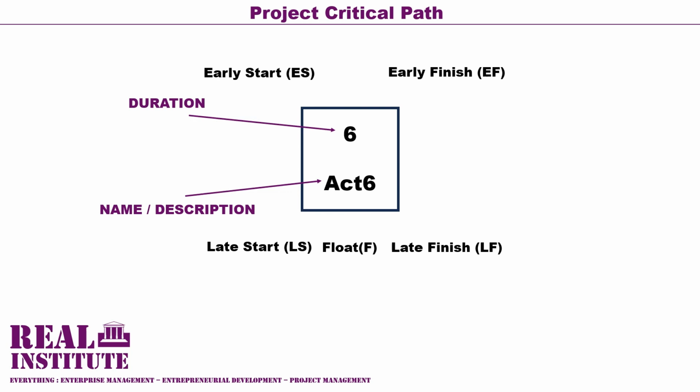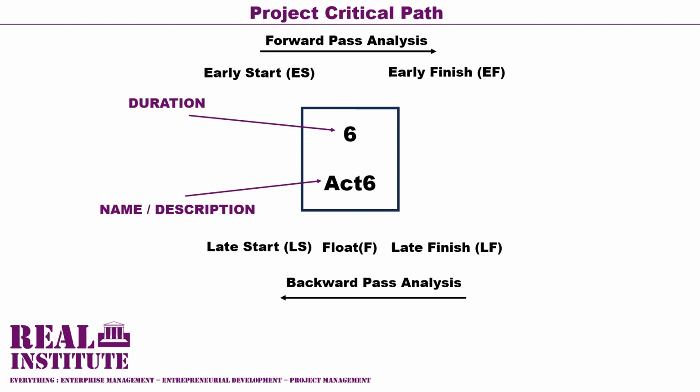This is done and achieved by utilizing a project management technique referred to as the project critical path method. This technique uses the forward pass analysis and the backward pass analysis to determine the values of these project activity attributes.